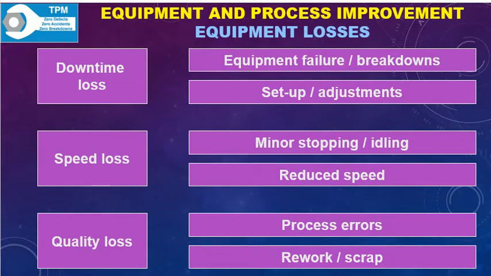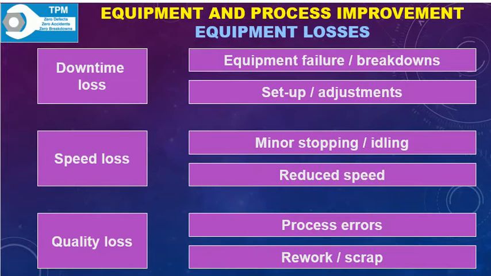Second, minor stoppages, idling and reduced speed are the speed losses. Minor, short stoppages are due to the unavailability of materials or other resources, and reduced speed means higher cycle times.